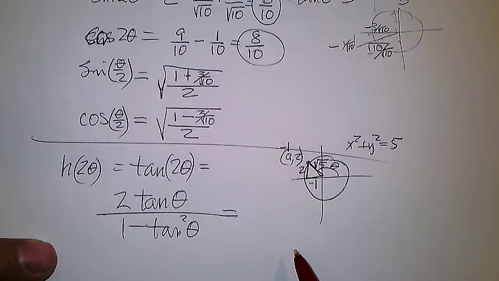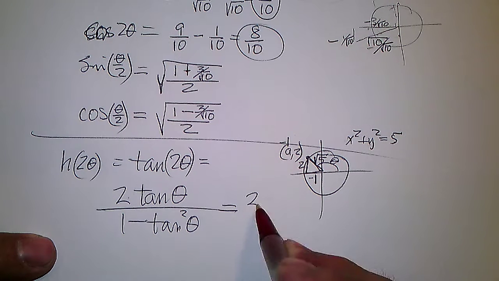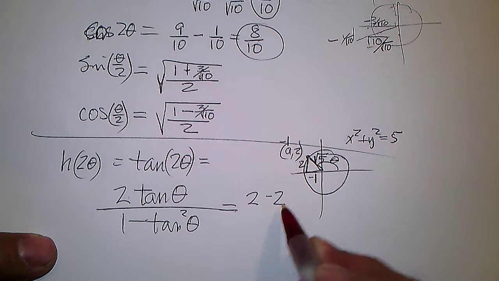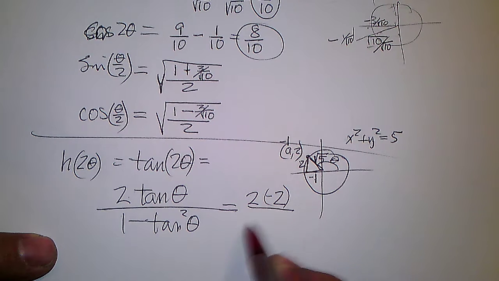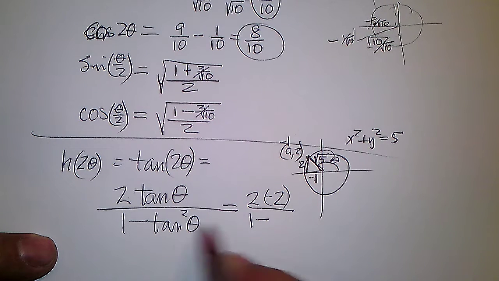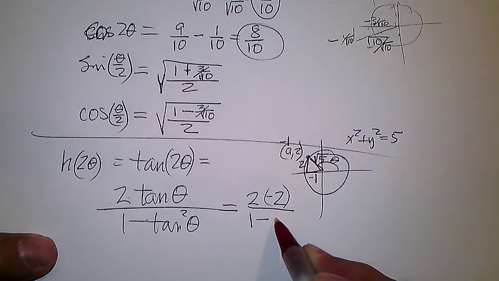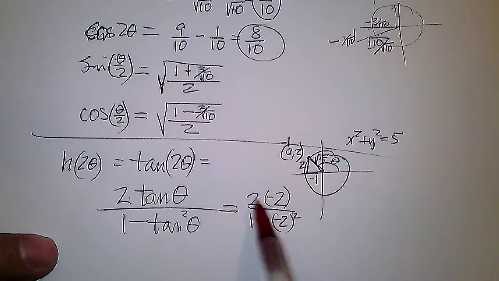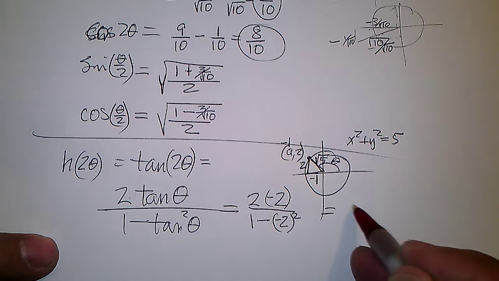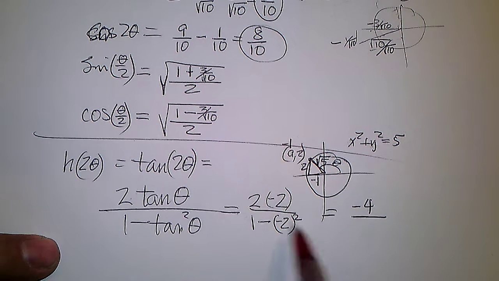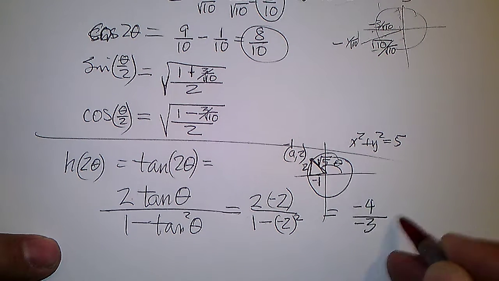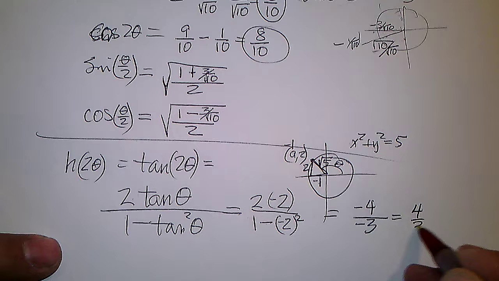And so we would do 2 times the tangent, which is 2 over minus 1, minus 2, over 1 minus a minus 2 squared. So that's minus 4, negative 4 over 1 minus 4, which is negative 3, so 4/3.